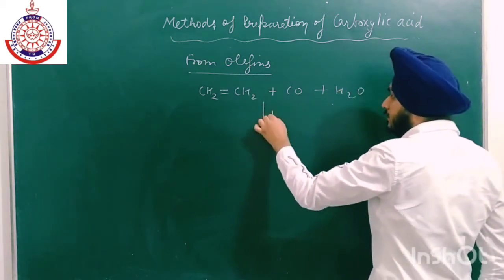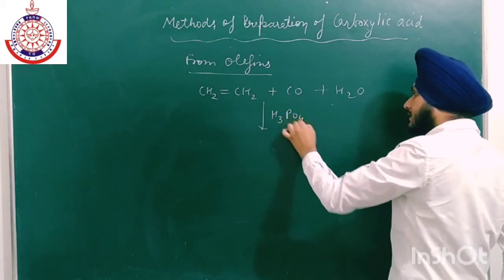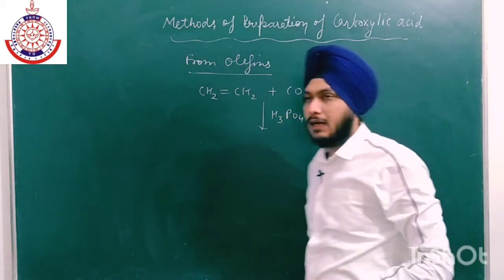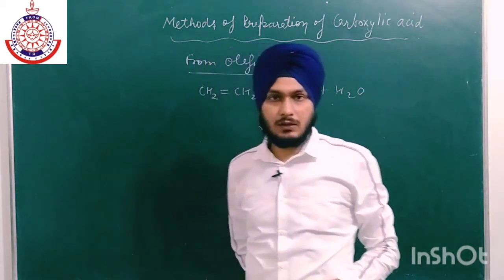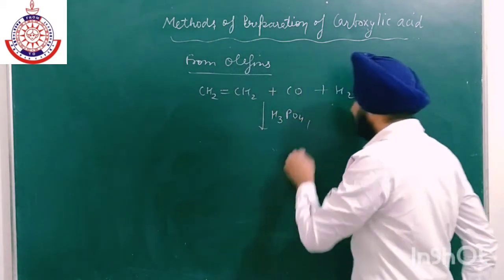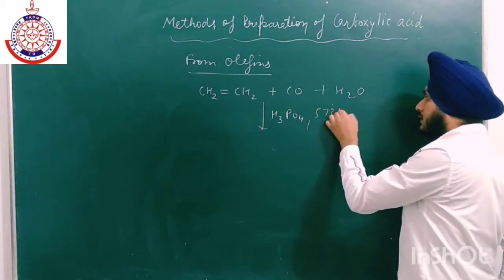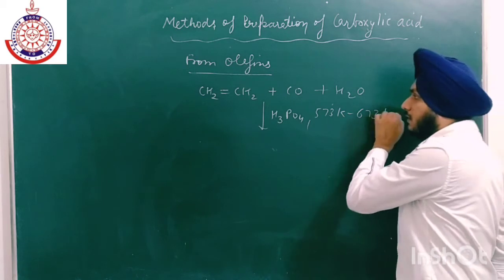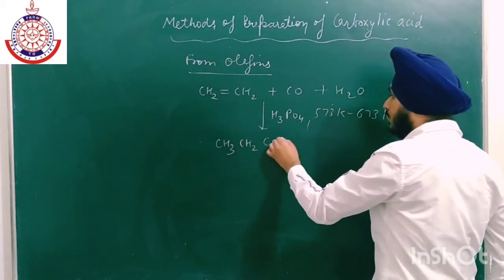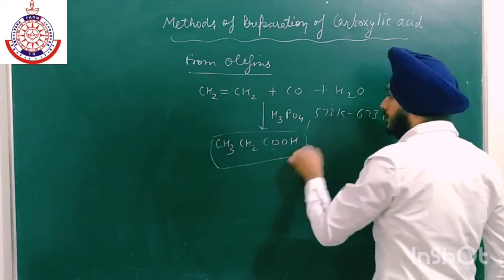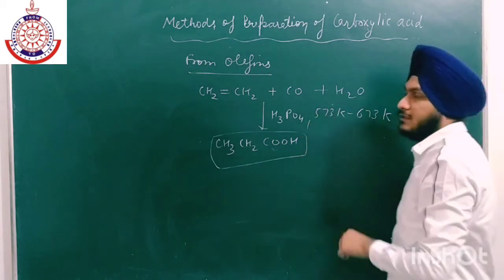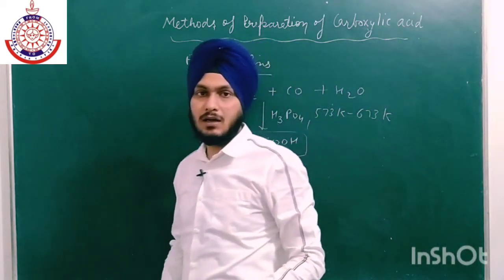We are using phosphoric acid as a catalyst, and this reaction takes place at about 573 Kelvin to 673 Kelvin, I think. Then we will get CH3CH2COOH, as simple as that. So this is the preparation from olefins.